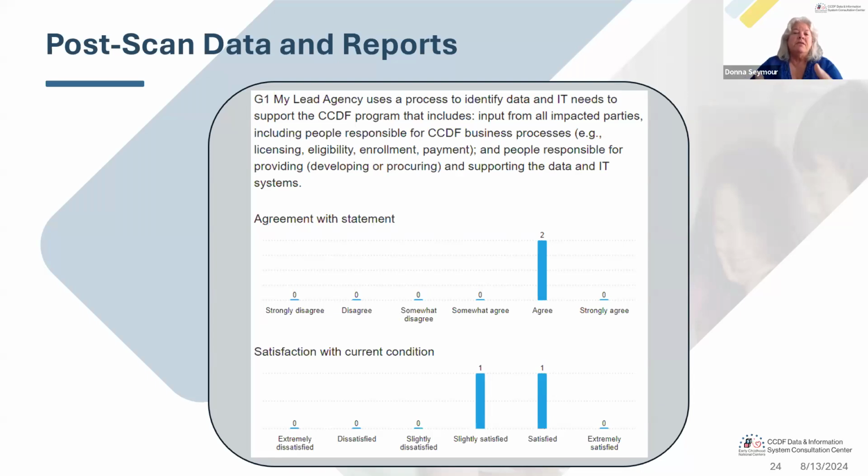But we also believe these kinds of outputs could help you with garnering resources for funding for your program, and in showing where you might need to put some additional dollars or some additional efforts into your IT and data systems, or where you maybe need some additional assistance from procurement or other folks in your organization, other partners, to help you make those kinds of improvements.